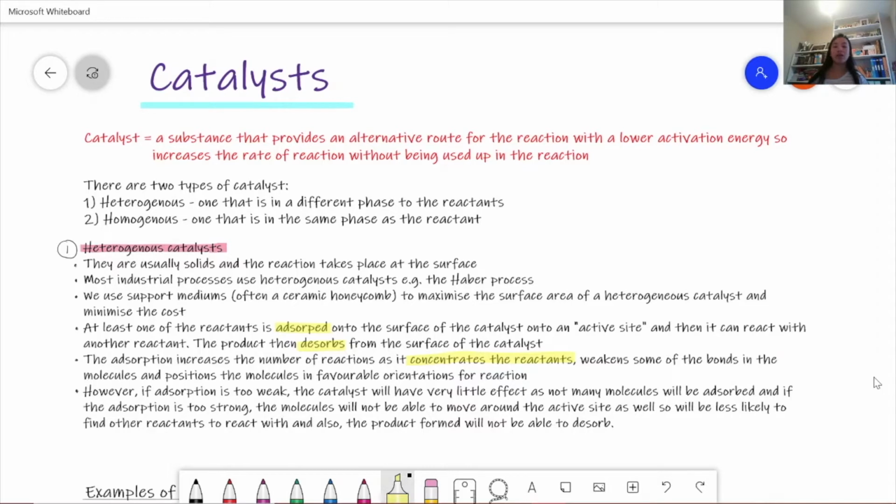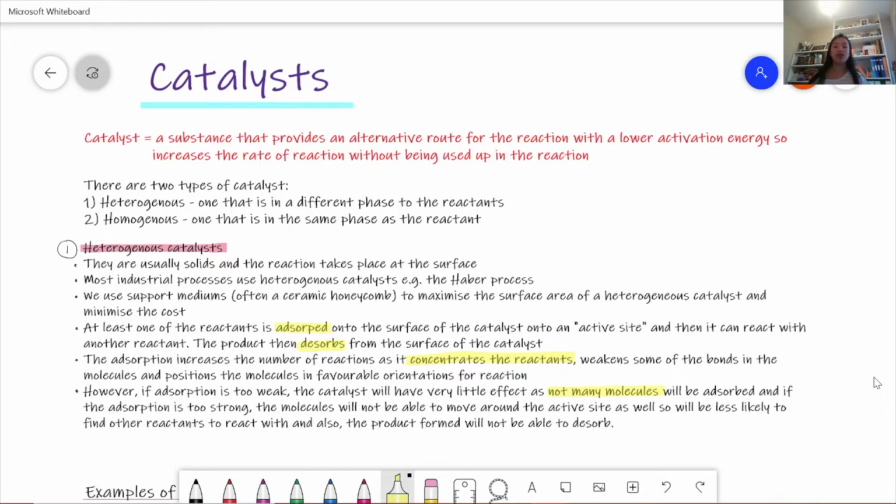However, there are some problems if the adsorption isn't just right. If it's too weak, the catalyst will have very little effect, as not many molecules will be adsorbed, so not many molecules can form bonds with the surface of the catalyst. And if the adsorption is too strong, then the molecules won't be able to move around the active site, so they'll be less likely to find other reactants to react with.